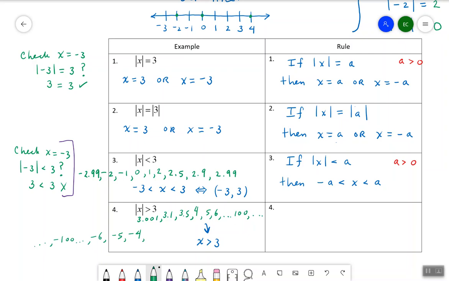And you could even go higher, go larger than negative 4. You could go negative 3.5 or negative 3.001, for example. And so then this list of negative solutions could be written as x is less than negative 3.